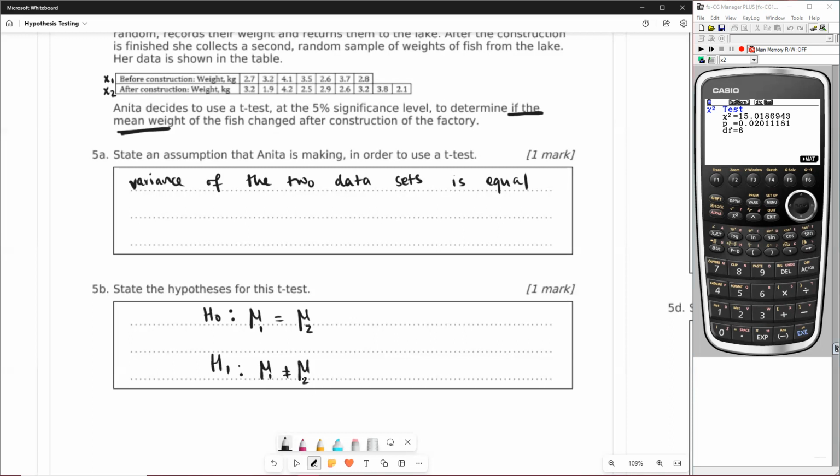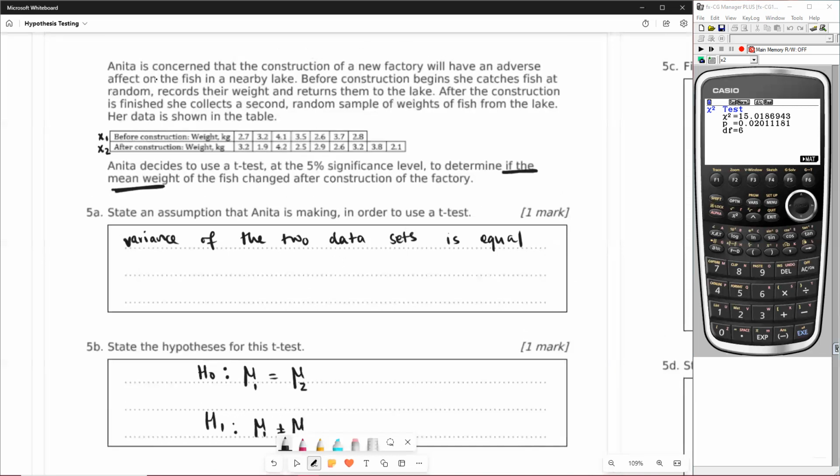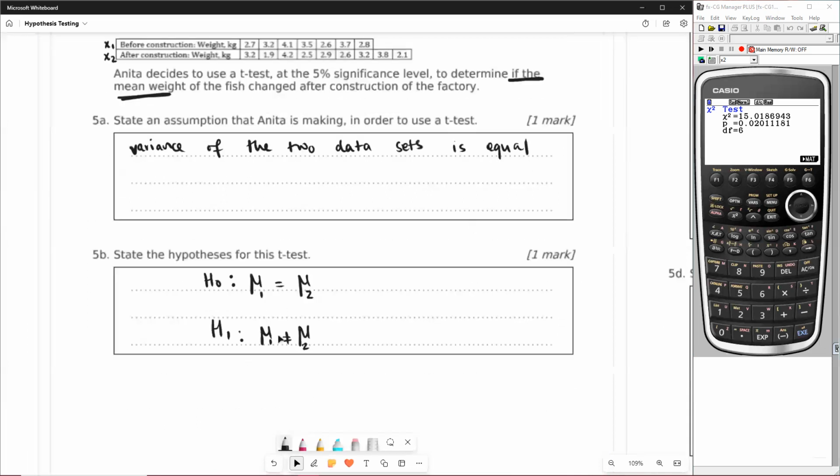In some questions that use the t-test, they specifically say the weight is going to be more after construction, or they'll say the weight is going to be less after the construction. But in this question, she didn't say that. It just says there's an effect. We don't know if it's going to be less or more, and that's why we're just writing not the same. And this is really important.